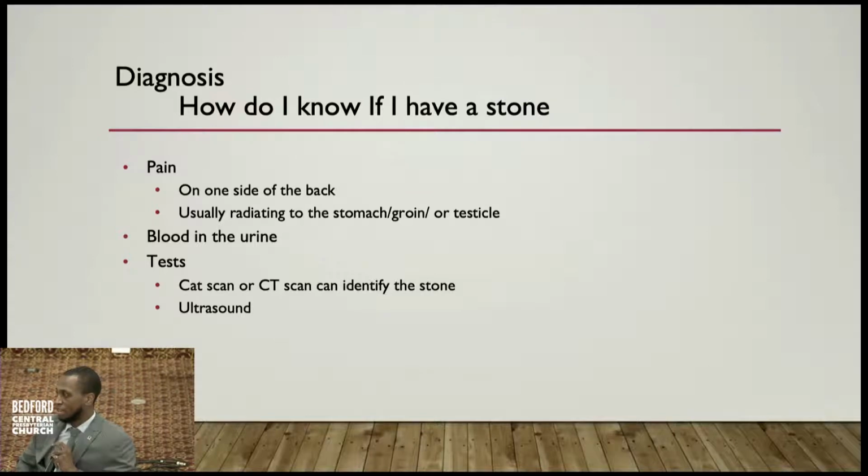So sometimes you have pain in the back that travels to the groin, or sometimes even to the testicles, because the nerves that are attached to those areas are all very close to each other. So the body is a little bit confused. It's like, I don't know what's happening, but it's intense pain, and I feel it all the way down here. So when you go to the emergency room with that, they usually think, this patient could be having a kidney stone. Let's send him to a CAT scan. Once they do the CAT scan, they're able to look inside and see if they do have a kidney stone.